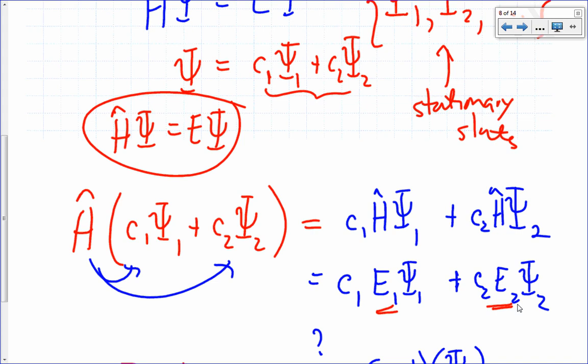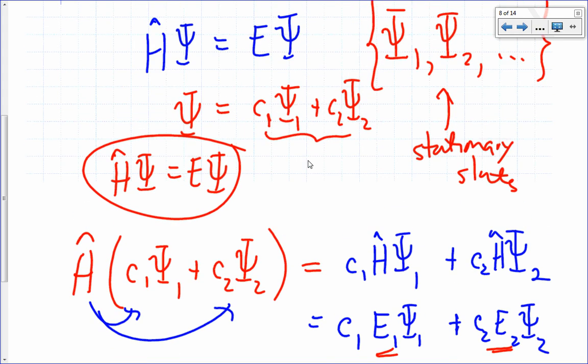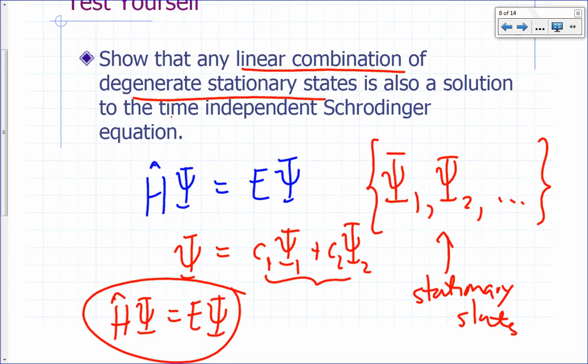So in this case, if E1 is not equal to E2, then your psi is not an eigenfunction of the Hamiltonian operator. But this linear combination is still a solution of the time-dependent Schrodinger equation. We're looking here at the time-independent.